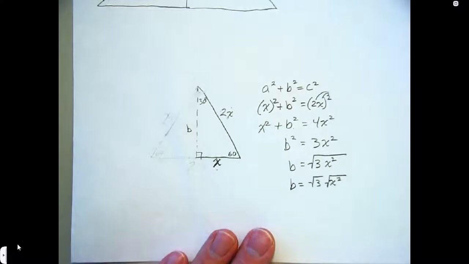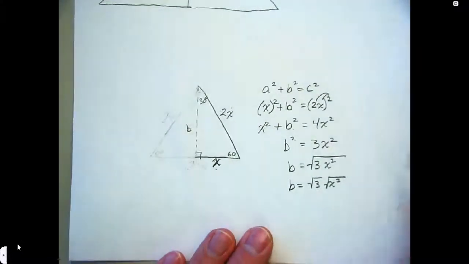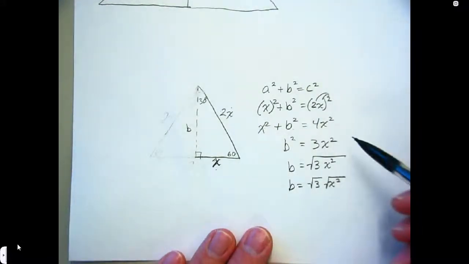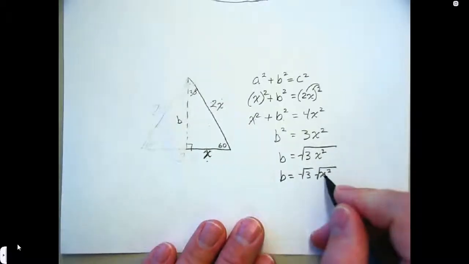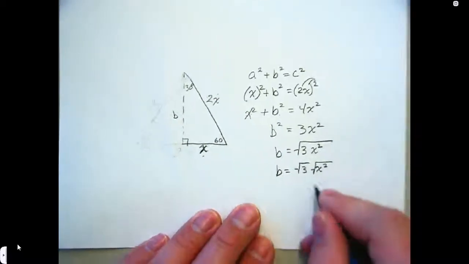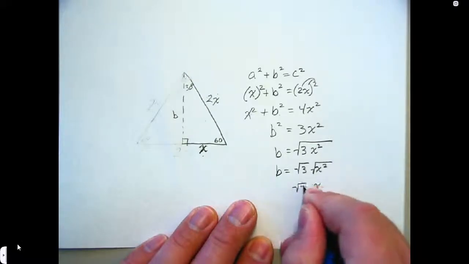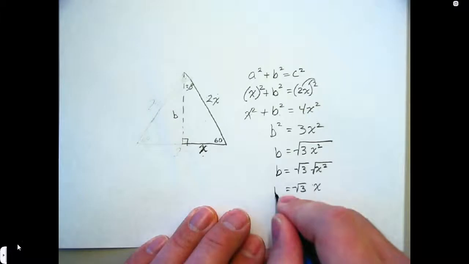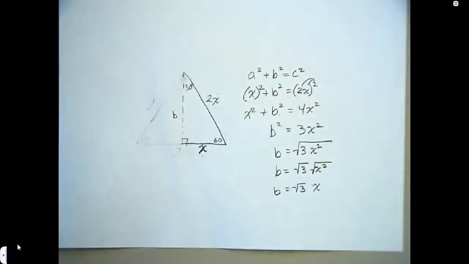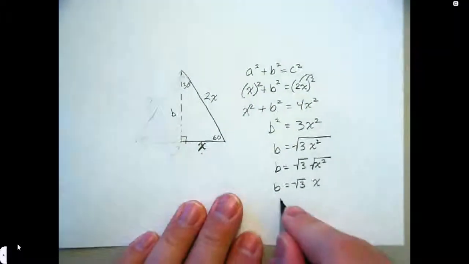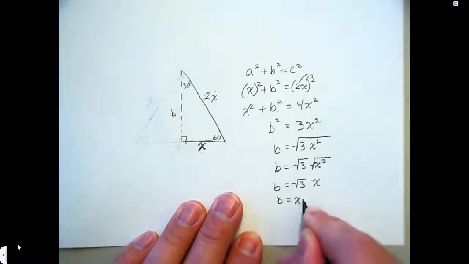We can break those apart. How many remember all these algebra skills? Good. What's the square root of x squared? x. And the square root of 3 is just root 3. And so really the way we write that is b is equal to x root 3.